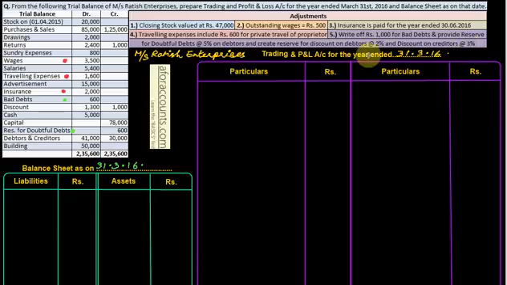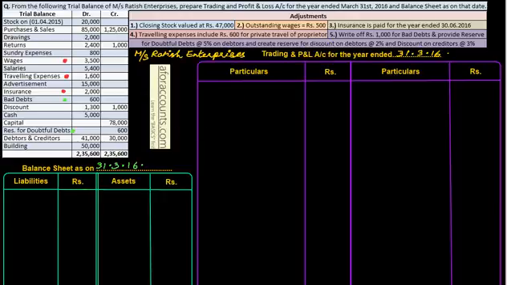Full-fledged question on all the variety of adjustments with debtors. Bad debts are also given. Then your RDD is also given, and your reserve for doubtful debts and reserve for discount on debtors, that is RDD, also given. So let's start with the solution.